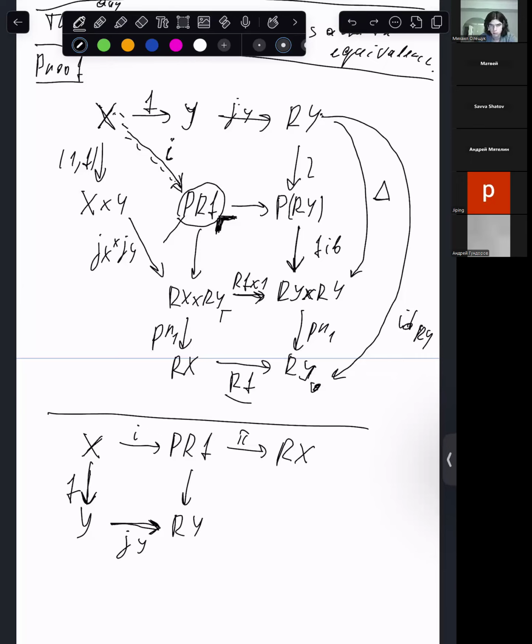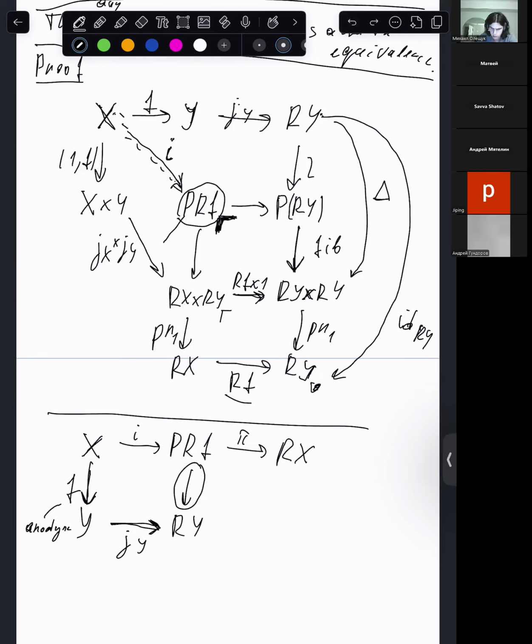The morphism F is anodyne, so it has a lifting property against all fibrations. So we want to prove that this map, that is just a projection of PRF to R1, is a fibration.